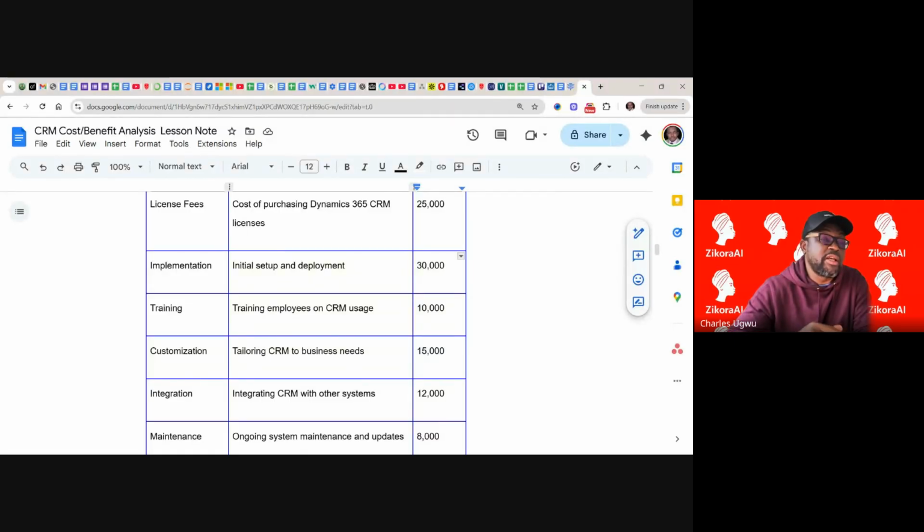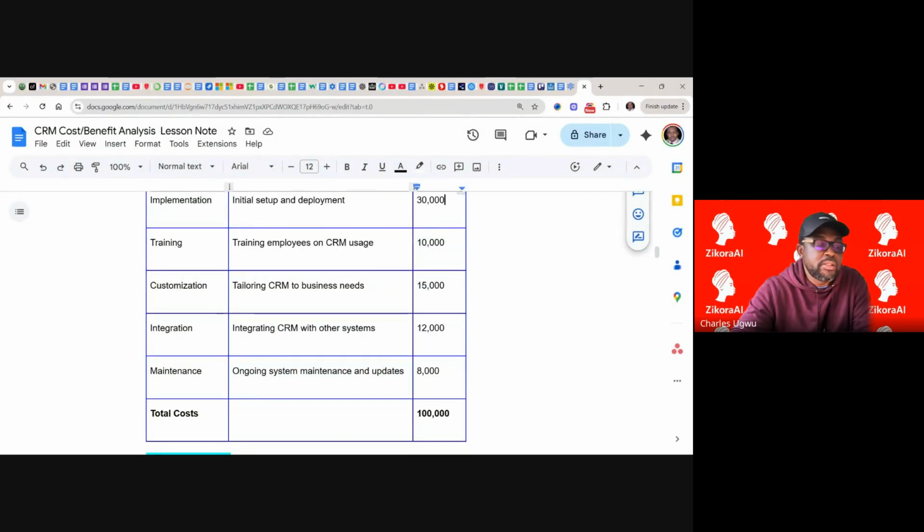Customization is ongoing, but the basic first customization is to align with our immediate needs. So tailoring the CRM system to your need, 15,000. Integration, integrating it with other systems, let's say 12,000, and then ongoing maintenance after the initial installation, say 8,000.